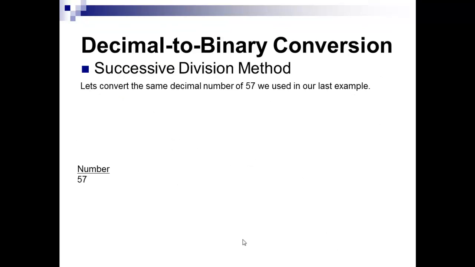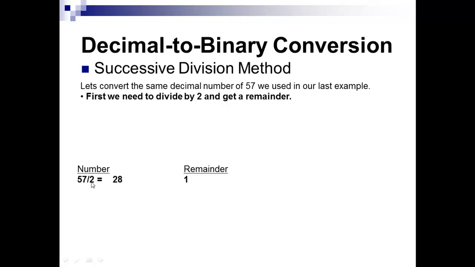Again, successive division is really for bigger numbers, but we're going to use 57, which may be easier. What you're going to do is take your number and divide it by whatever base you're converting it to. Since we're going to binary, which is a base 2 number, we're going to take 57 divided by 2. If you take 57 divided by 2, you end up with 28 with a remainder of 1.